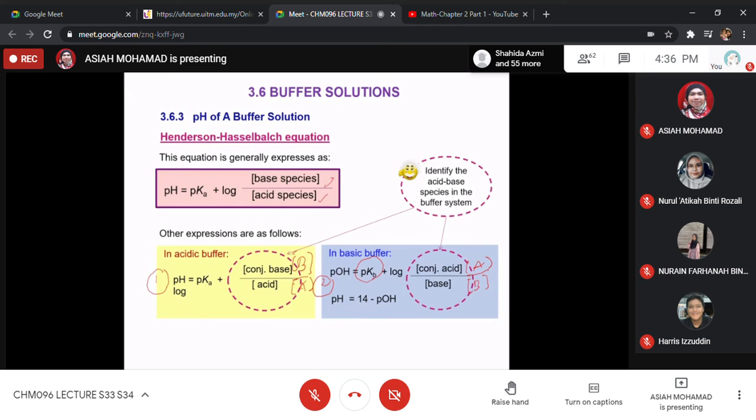Don't forget to convert it into pH. Once you get the pOH, the pH is 14 minus the pOH, so that you get the pH of the buffer solution. What is important here is to identify the acid and base species in the buffer system. Otherwise, you will get it wrong.